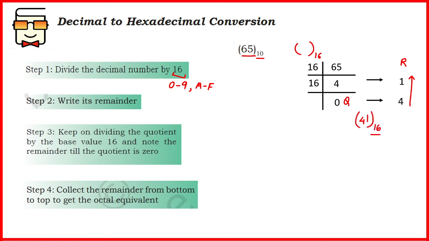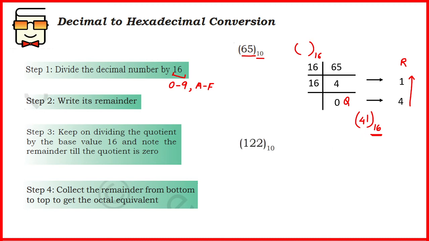It is very important to write this subscript base, because 4 and 1 can be present in decimal also. In decimal form the number would be 41. 4 and 1 are valid digits that can be present in octal also. So it is very important to specify the radix or the base in which the number is obtained.